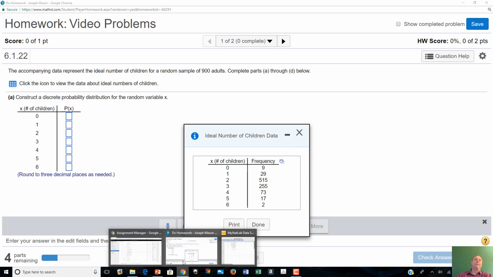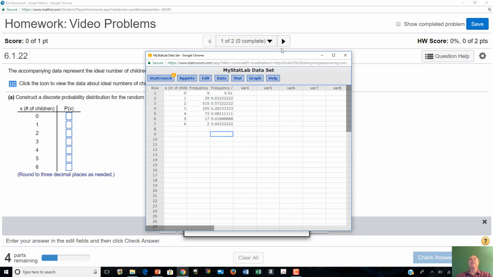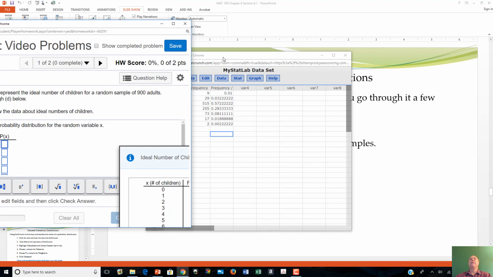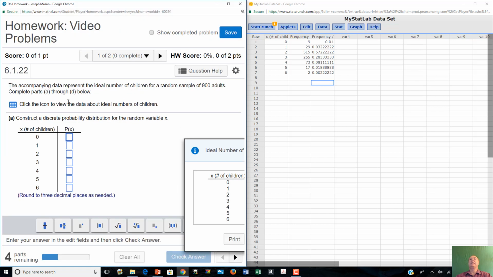Let me go back. Okay, so let me slide this to the left, this to the right. Get back on this. Okay. Now, the first one, it wants it to 3 decimal places.